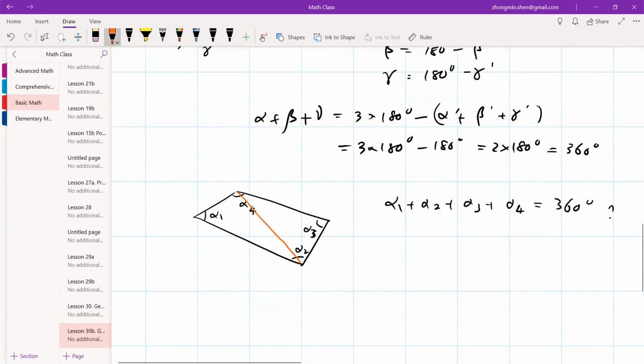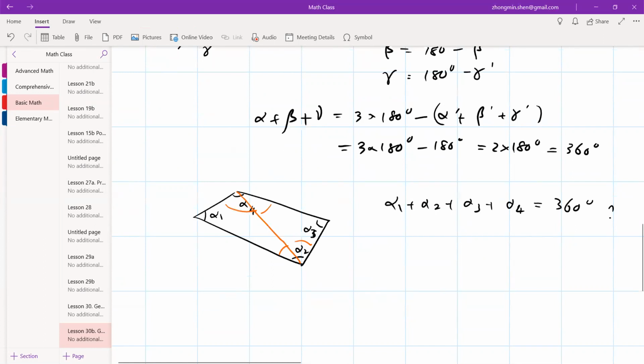So alpha 2 becomes 2 angles, right? Alpha 4 becomes 2 angles. So the sum of those 4 angles is actually the sum of the 3 interior angles of a triangle plus another one, right? So actually, alpha 4 and alpha 2 can be decomposed into 2 parts.